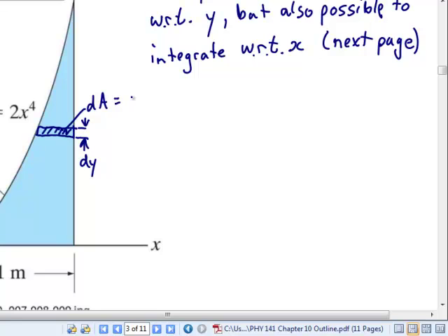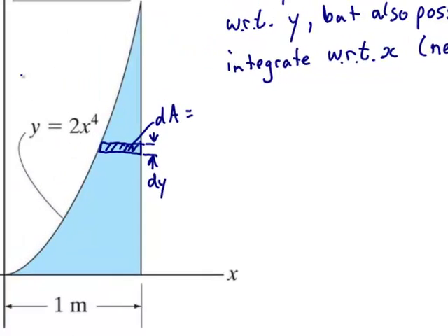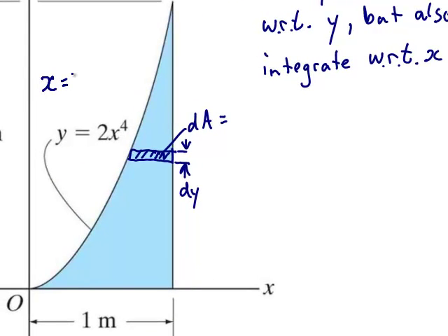Right, so if we're integrating with respect to y, then I need to write x in terms of y. So x as a function of y would be what? Let's start there. x equals the 4th root of y over 2, yep, y over 2 to the 1/4.